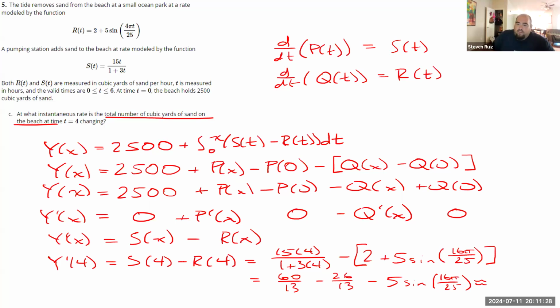Getting negative 1.91. So what did we just find numerically? Basically, at this time, sand is being removed from the beach at what rate? It's being removed at a rate of 1.91 yards cubed per hour. All right, moving on to part D.